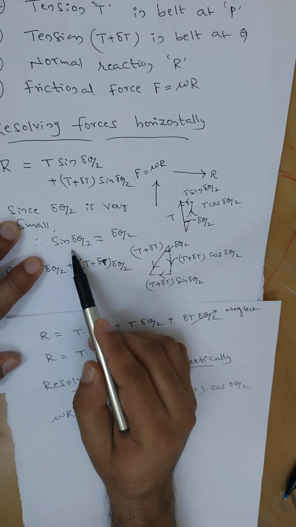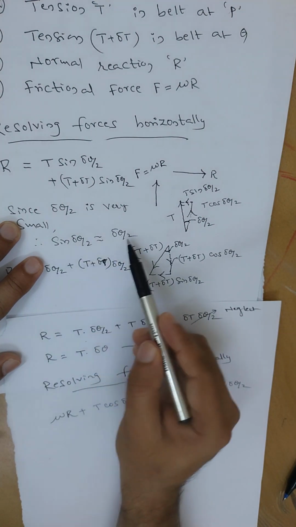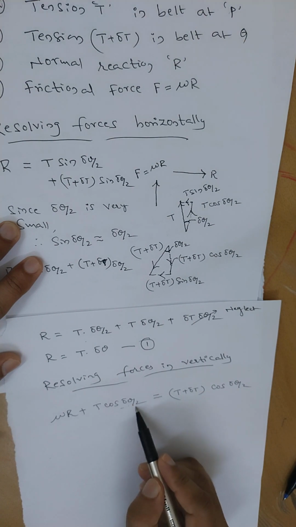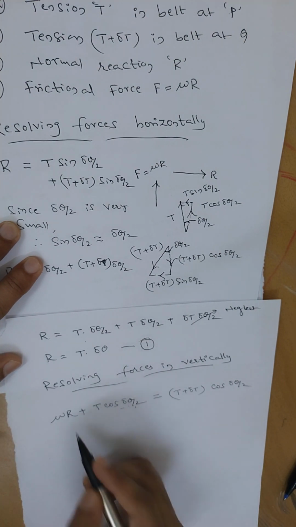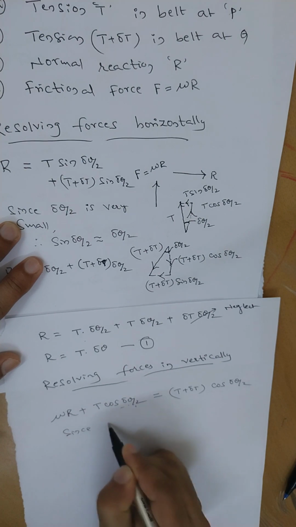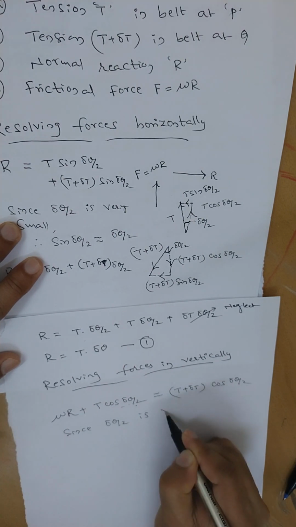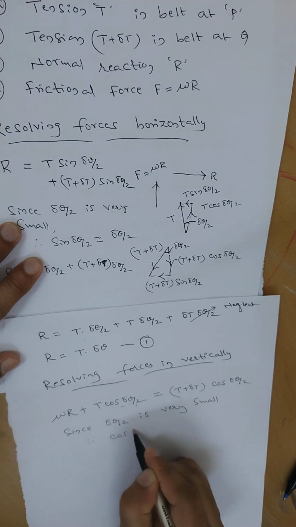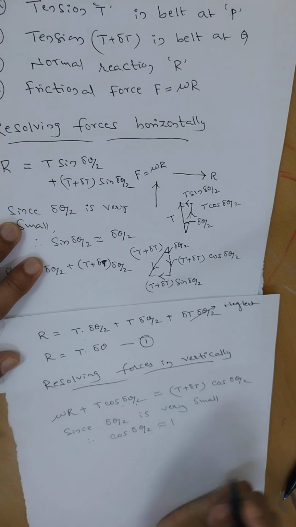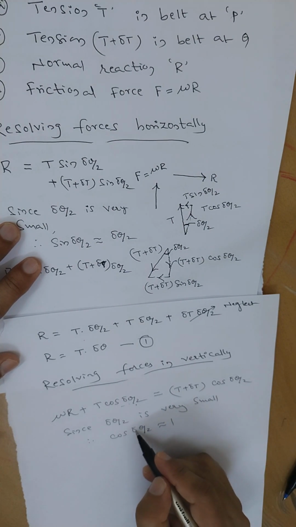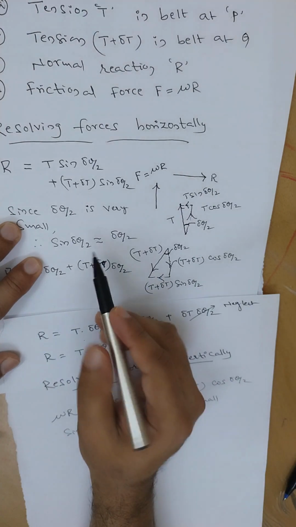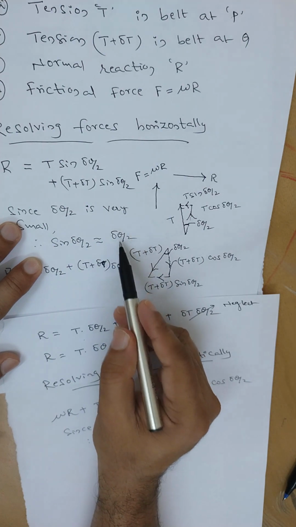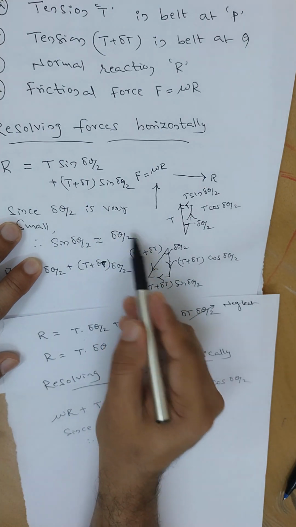That's why sin(dθ/2) is nearly equal to dθ/2, but cos(dθ/2) is nearly equal to 1. Since dθ/2 is very small, cos(dθ/2) is nearly equal to 1, because cos 0 is 1. Here we should not take sin 0 as 0, because dθ/2 has some value.